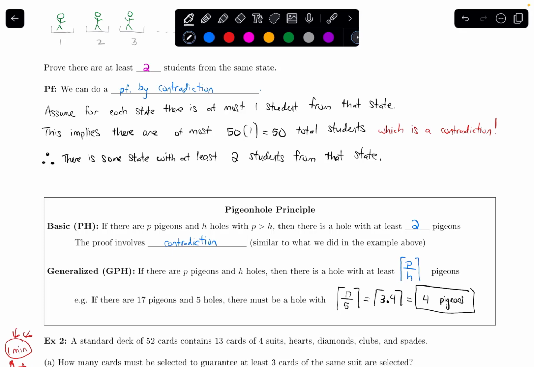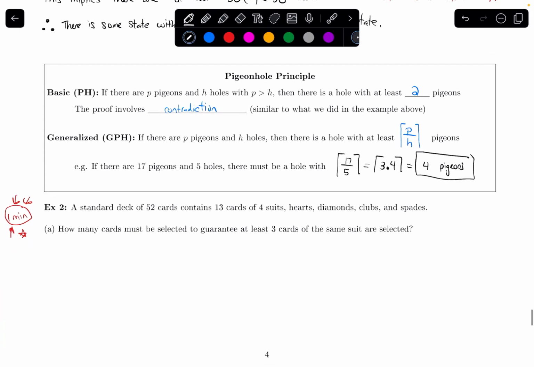All right, so let's do some examples. This example says that a standard deck of 52 cards contains 13 cards of 4 suits, which are hearts, diamonds, clubs, and spades. So that means there are 13 hearts, and 13 diamonds, and 13 clubs, and 13 spades in a standard deck of cards.